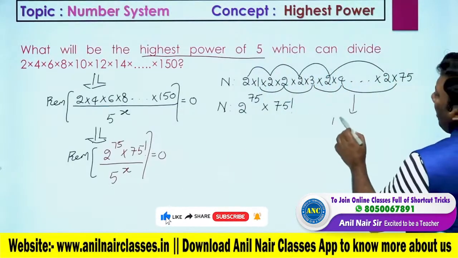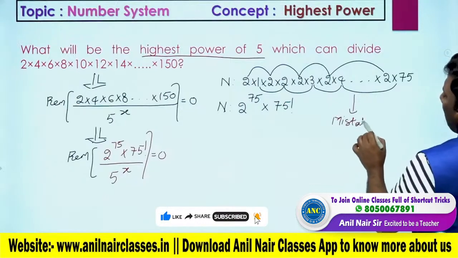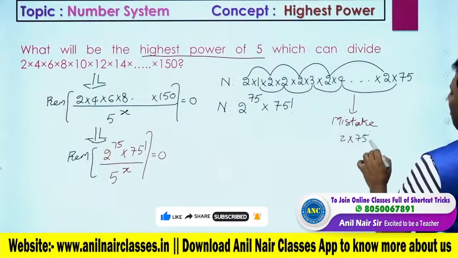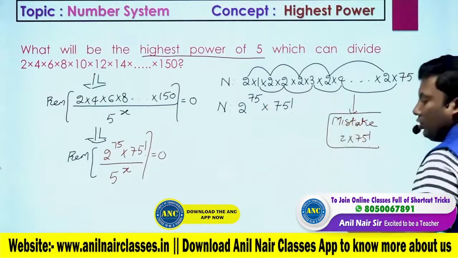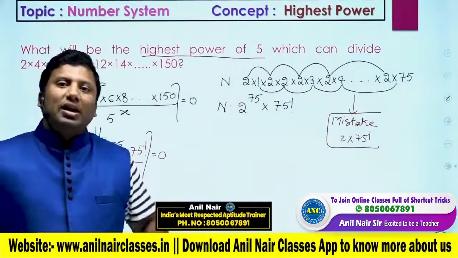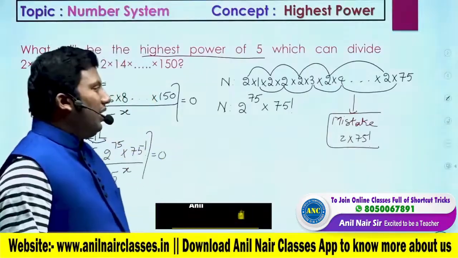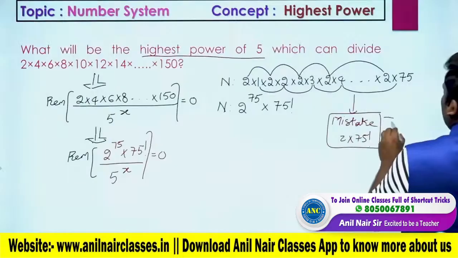I will also write the mistake students might make in a hurry. They might write 2 into 75 factorial. This is the mistake. 2 into 2 into 2 into 2, 2 is multiplied 75 times, so it becomes 2 power 75. Don't do addition. This is the mistake students might make.